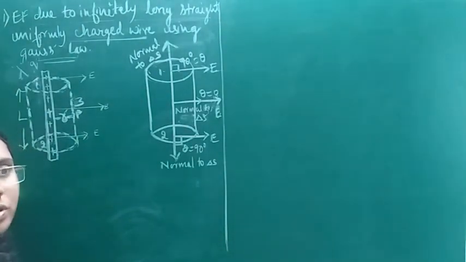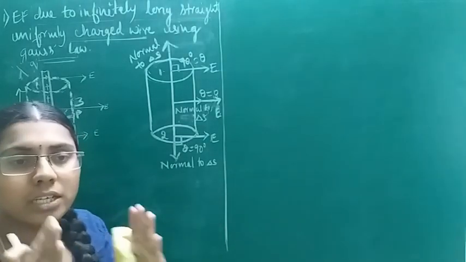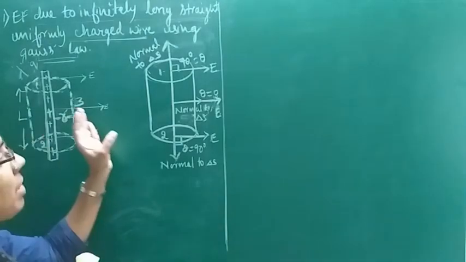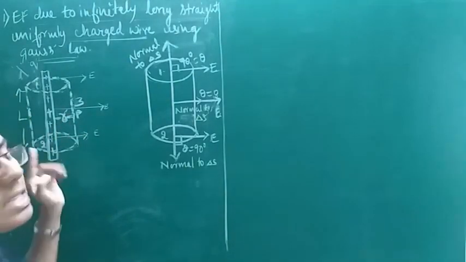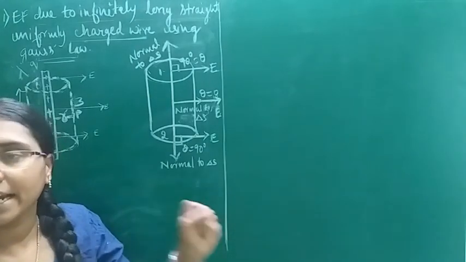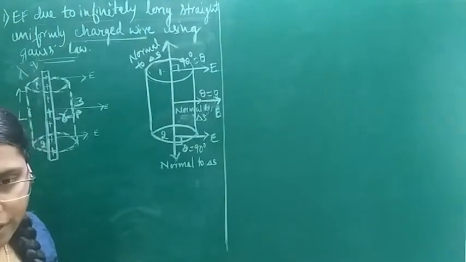According to Gauss law, the total electric flux through an imaginary closed surface is always equal to 1 by epsilon naught times the net charge enclosed by that surface.